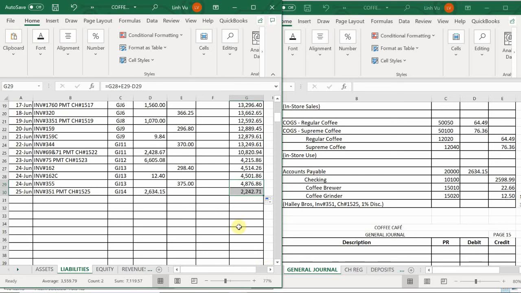Oh, I got 71 cents. Hold on, did I do a typo? No, I may have calculated wrong. Yeah, it should be 71. I also got 71.